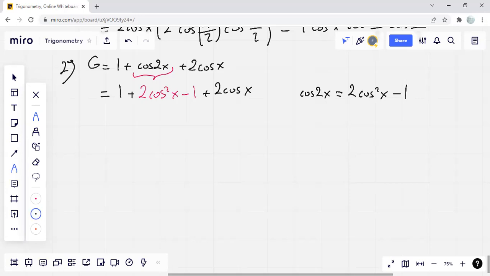Now I have here cosine squared x, and here cosine x. I might take cosine x common. Also, I have these ones cancel out: 1 minus 1, they will cancel out.